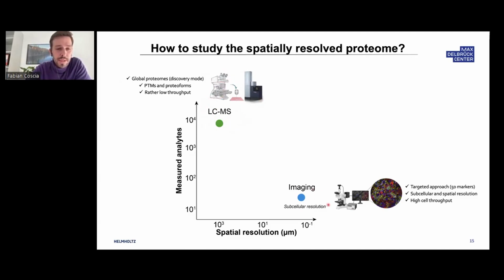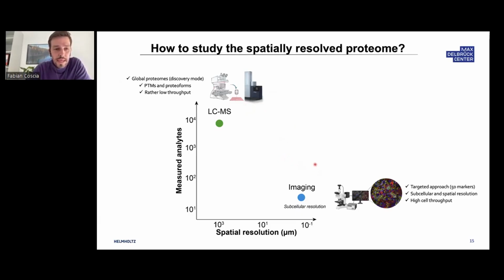While imaging-based approaches can typically analyze 50,000, 100,000 cells in a relatively short time, for discovery-mode deep proteomic LC-MS-based proteomics data, we are rather talking about maybe 50 measurements a day or so. So these two highly complementary approaches are of course extremely interesting to combine with one another, to really leverage the advantages of both methods.